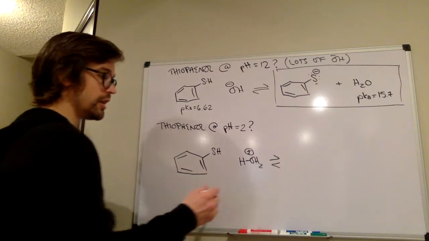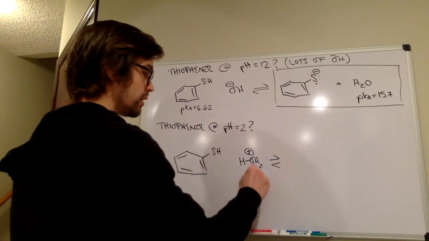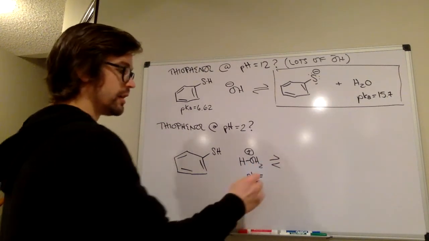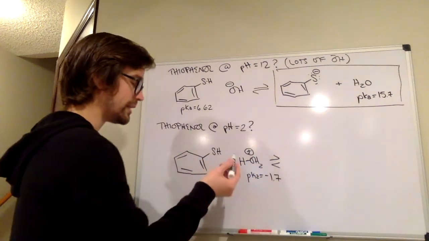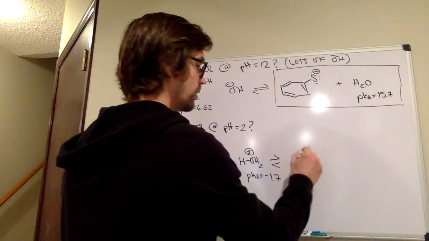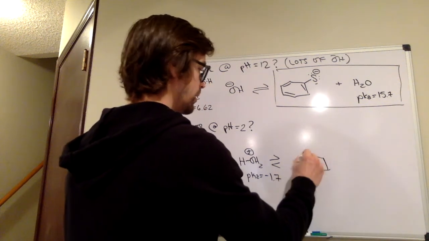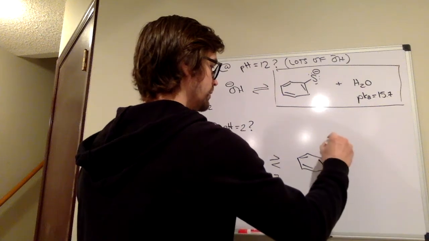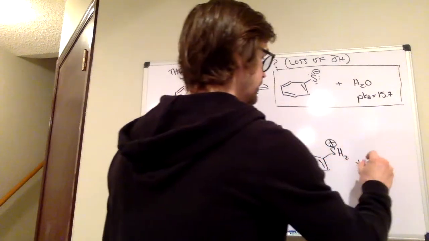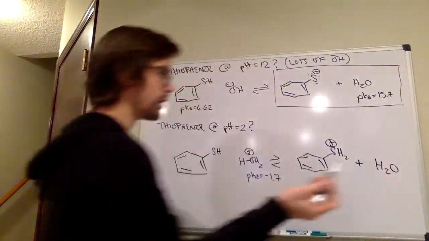So essentially, the pKa here is negative 1.7, and it's going to give its proton to the SH, so it would be SH2+ over here and H2O over here.